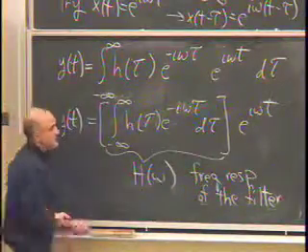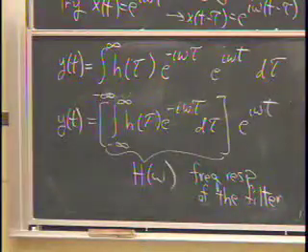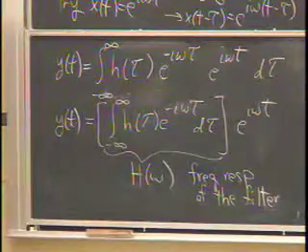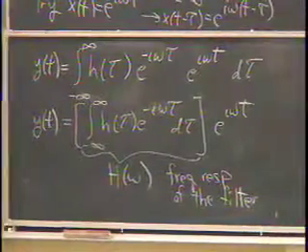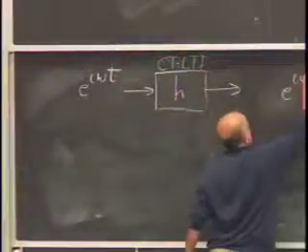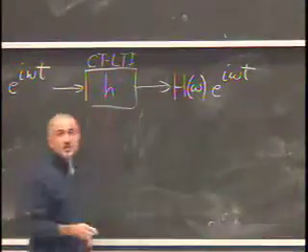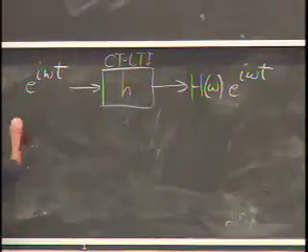So again, we've seen that with an LTI system, when you plug in e to the I omega t, a complex exponential of a particular frequency, into a continuous time LTI system, you get the same complex exponential out scaled by a typically complex number that's called the frequency response of the filter.